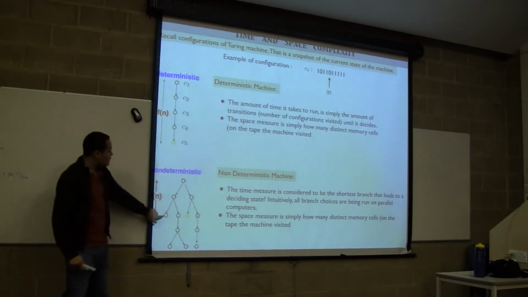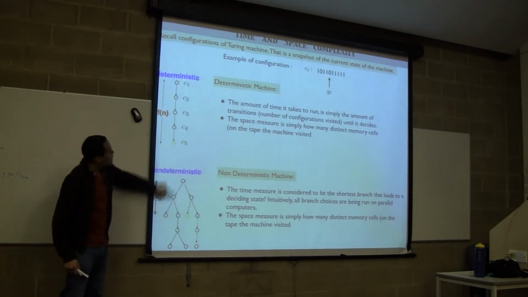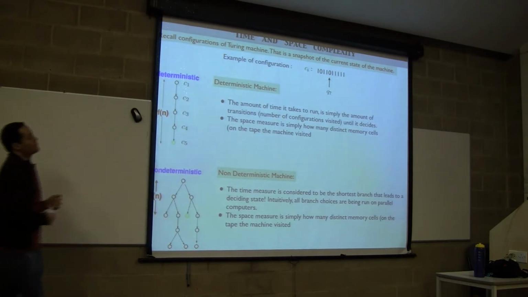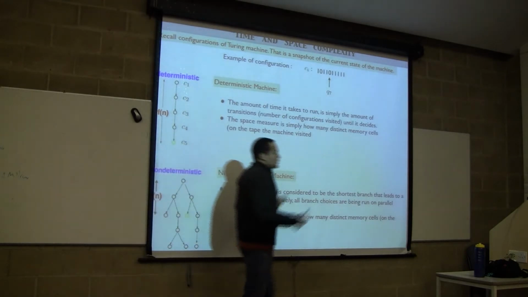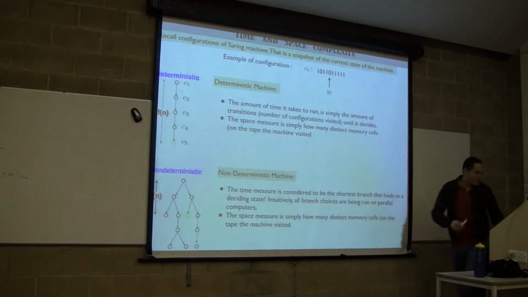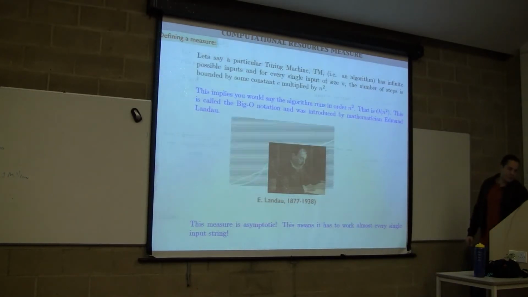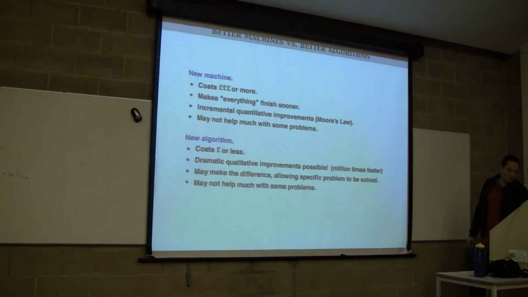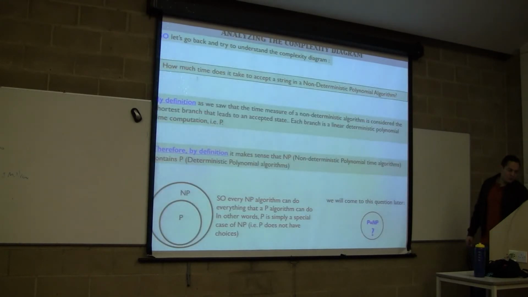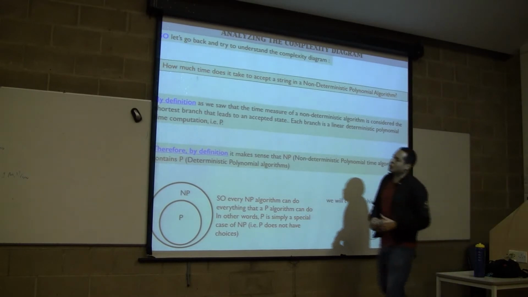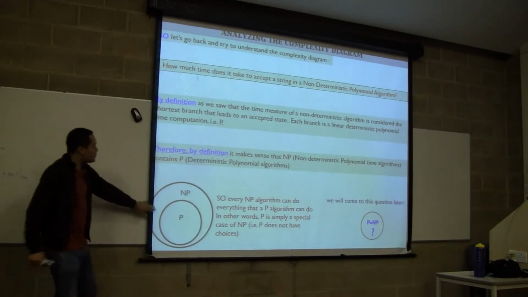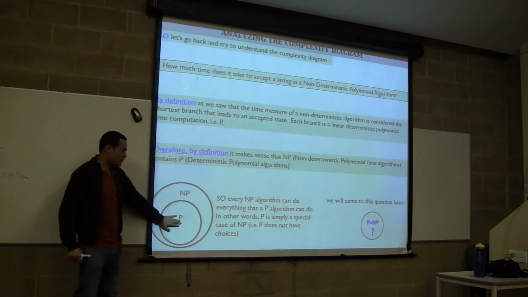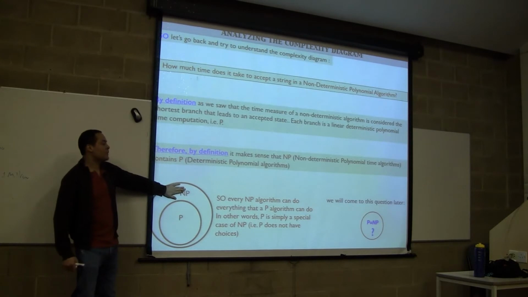Once you have a solution, a branch basically looks like a deterministic machine. So it's easy to see that NP is a superset of P. By definition of our measure, we know that NP is a superset of P. So everything that P can do, NP can do as well.